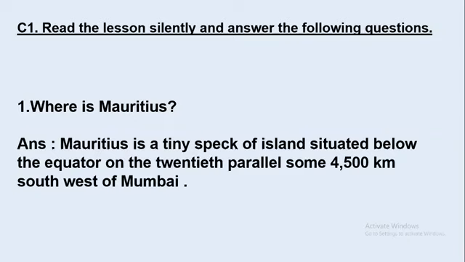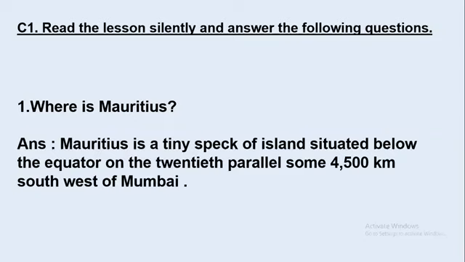So when we read the lesson, we come to know about the location of Mauritius, that it is a very tiny, very small island which is situated just below the equator. Equator, students, you know that it's the middle line which passes through the globe, the earth, which is known as equator. It's 0 degree, and just below that is the 20th parallel line, and from there some 4,500 kilometers southwest of Mumbai is where Mauritius is located.